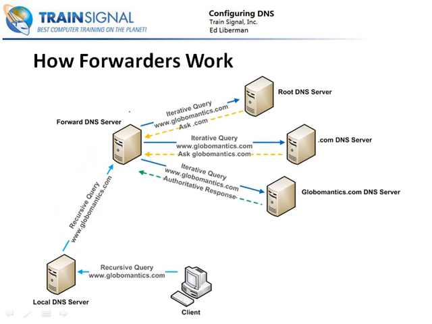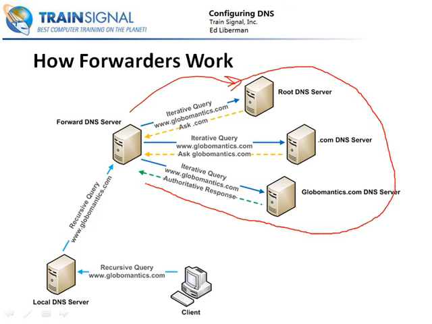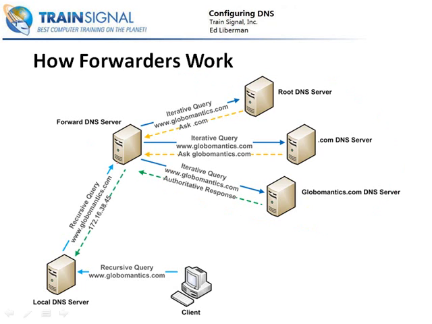It's those root hints that get that server out to that root DNS server on the internet, goes through the entire internet process, and gets an authoritative response from the globalmantics.com authoritative DNS server. The forward DNS server then responds back to the local DNS server, and the local server then can respond back to the client, and the client gets its answer.